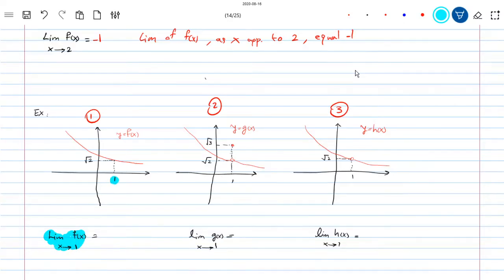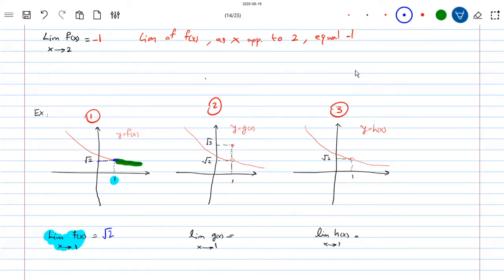So x value of 1 means move toward 1 on the graph. What do you expect the y value to be? If you move along this curve, I expect that the y value, if it starts with 1.1, 1 point something, gets closer and closer to this y value. In this case, it's going to be square root of 2.